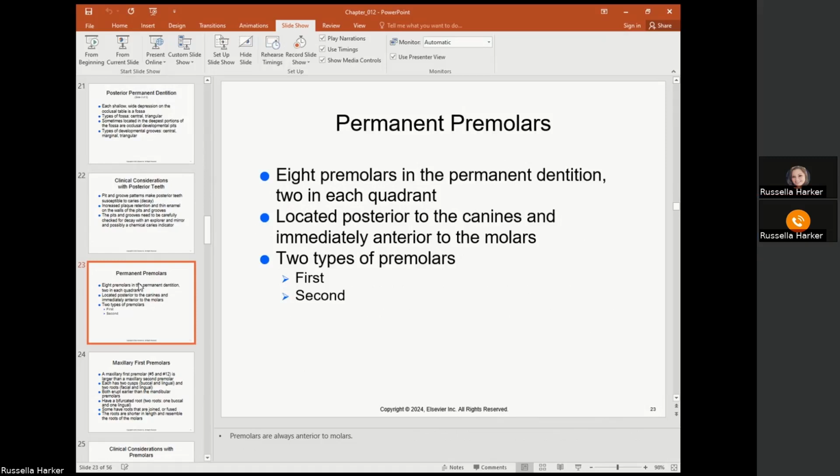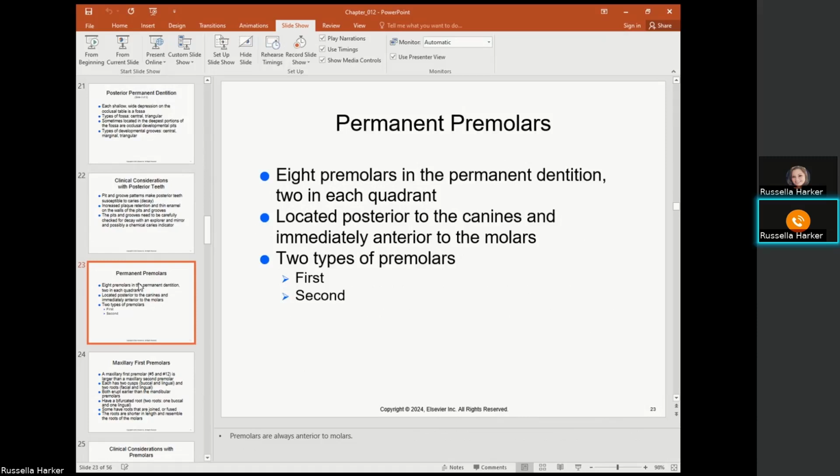When we look at primary teeth, they only have incisors, canines, and molars. So they do not have premolars. When you transition from primary to permanent dentition, when the molars of the primary dentition exfoliate or fall out, and the new teeth erupt and replace them, they are replaced with premolars.